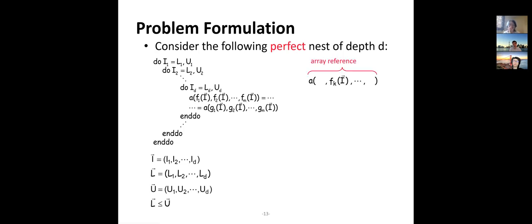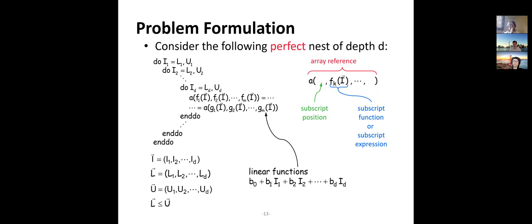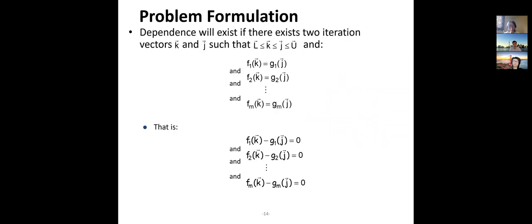The question we want to ask, if I have an array reference with multiple different subscripts here, right? And this is a function applied for a subscript expression, and say those are all linear functions. What we want to say is when there are dependencies versus when there are no dependencies, right?